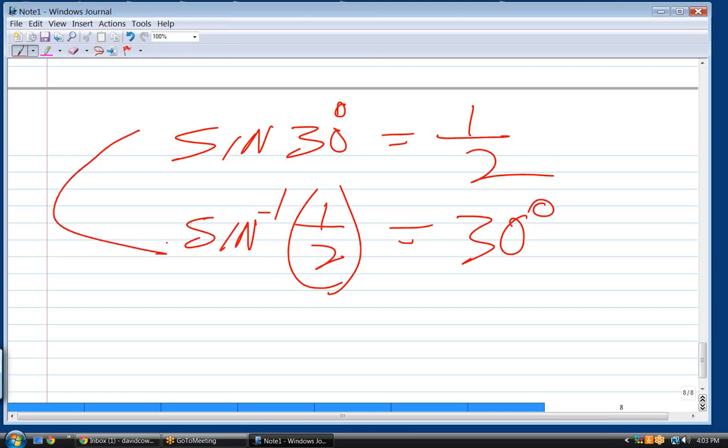This is by definition. If one of those is true, the other is true. And it's an important thing to remember, is that we're always taking trig functions of angles and we're getting numbers. Well, if you want to find the angle, then you take the inverse trig function of the number and you get the angle.